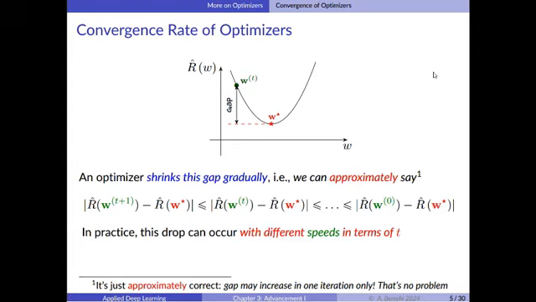This drop can occur with different speeds in terms of t. Also note that it's an approximation. This gap may increase in one iteration only. That's okay. We don't want to break everything because of only one iteration.